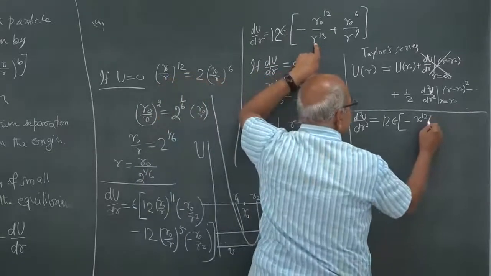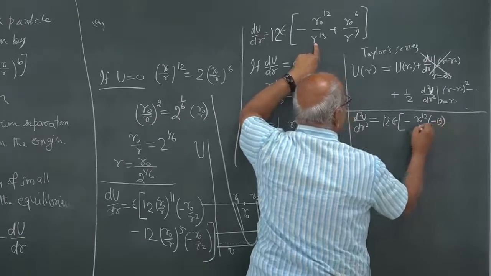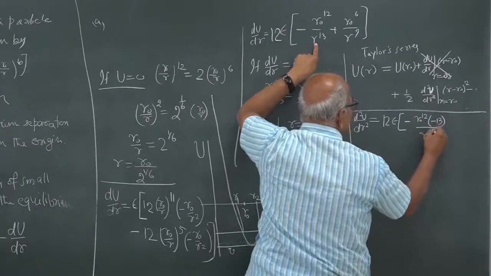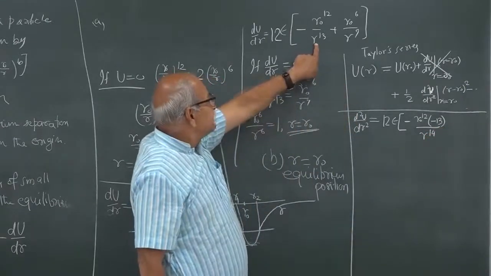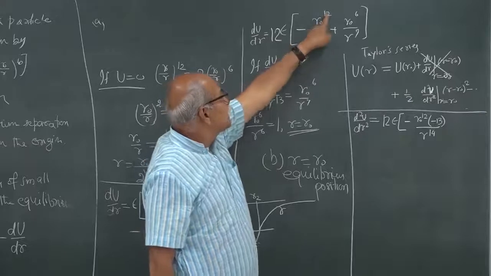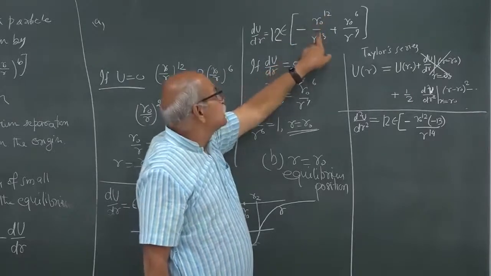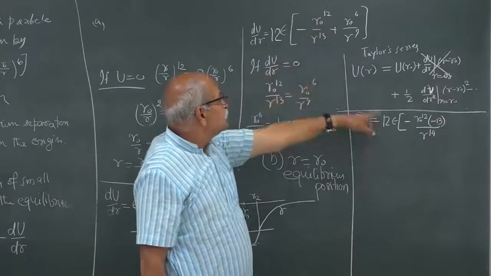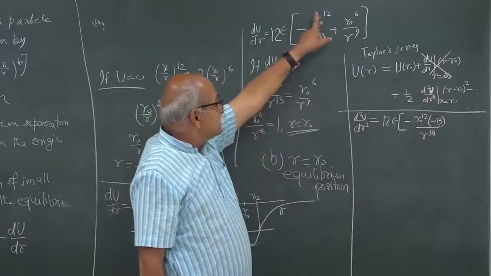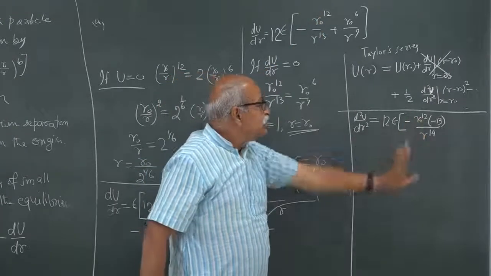So, minus 13 here and then r to the power minus 14, so r to the power 14 in the denominator, right. I have written r naught to the power 12 which is constant, and then I have to differentiate r to the power minus 13. So, minus 13 r to the power minus 14, and r to the power minus 14 is written as r to the power 14 in the denominator.